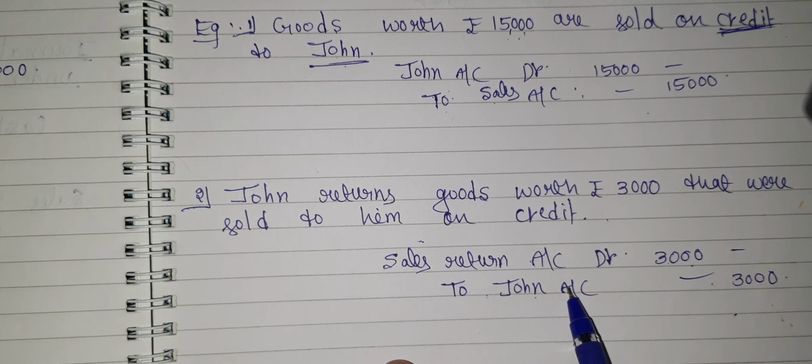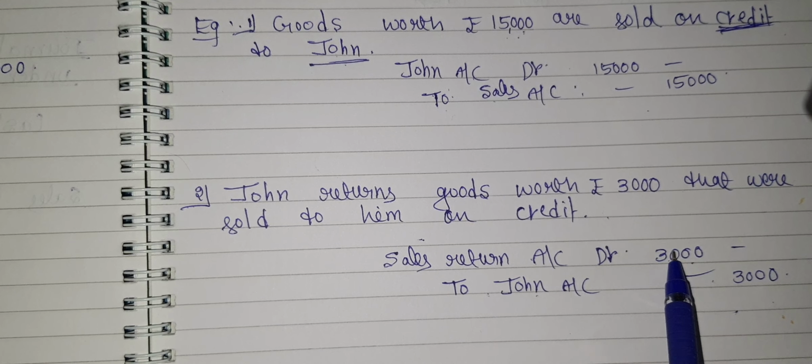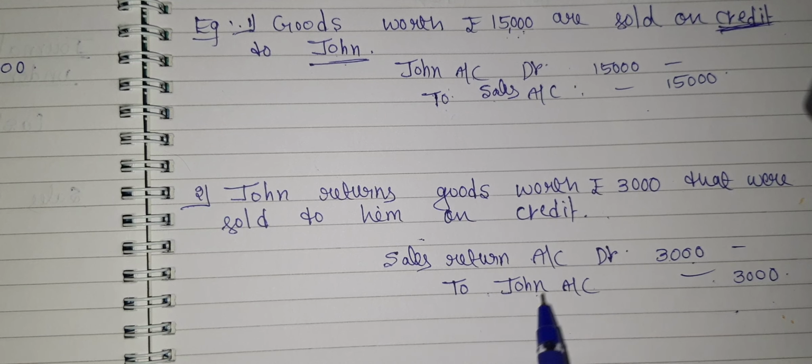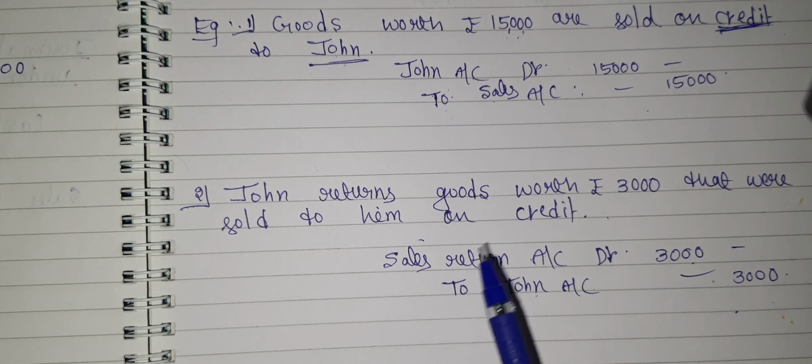Sales return account, why? Because sales return falls under nominal account and is considered a loss to the business, and the rule of nominal account is debit all expenses and losses. So we debit the sales return account and credit John account or account receivable account.